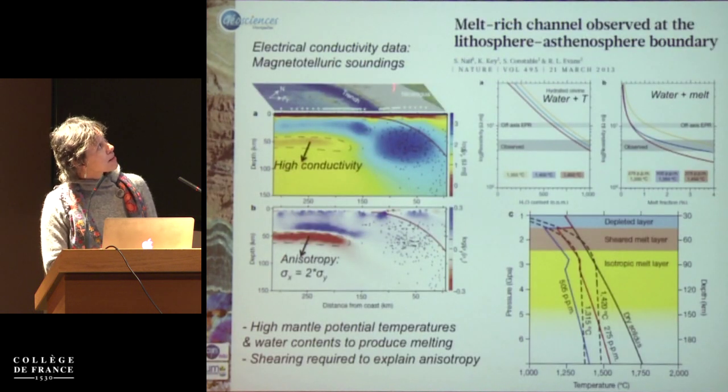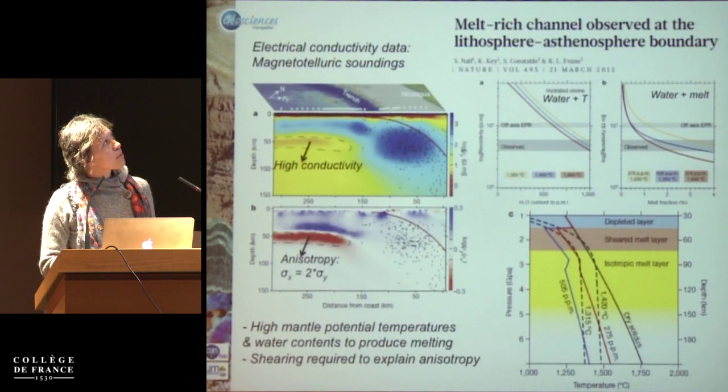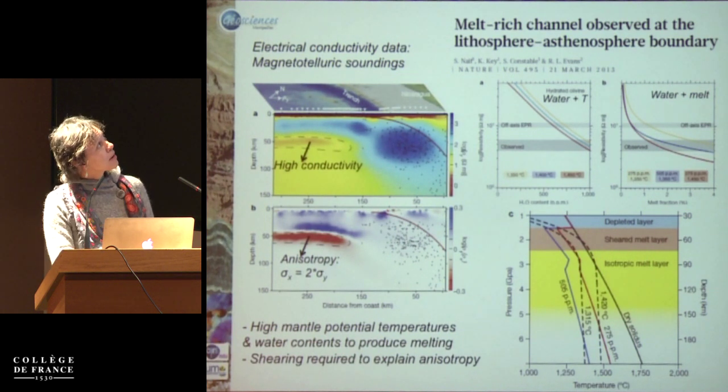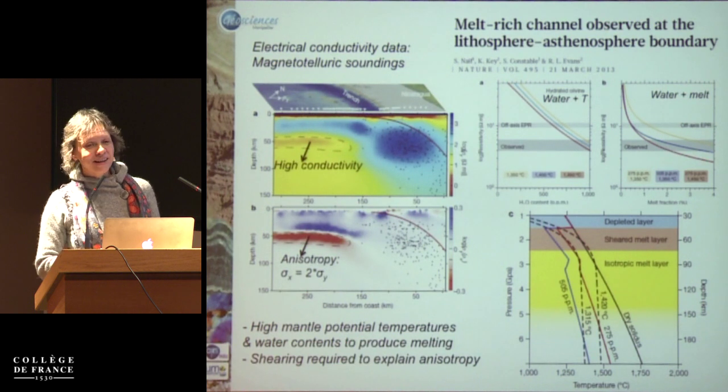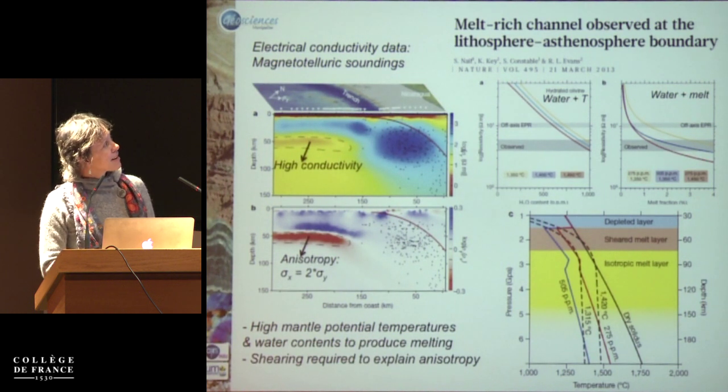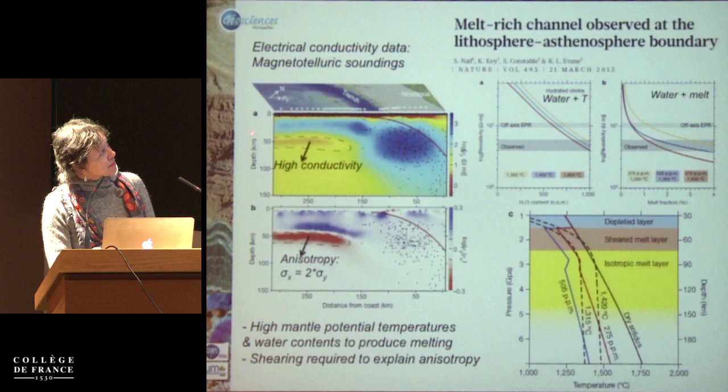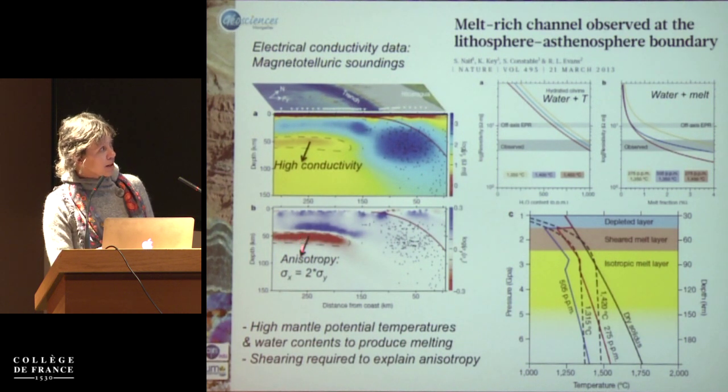To complete the data set of geophysical observations, we also have electrical conductivity data, and here I found a figure that had not been presented yet, where beneath the trench in Central America, this is the subducting plate, you have a high conductivity region, and we also have a strong anisotropy in the conductivity.